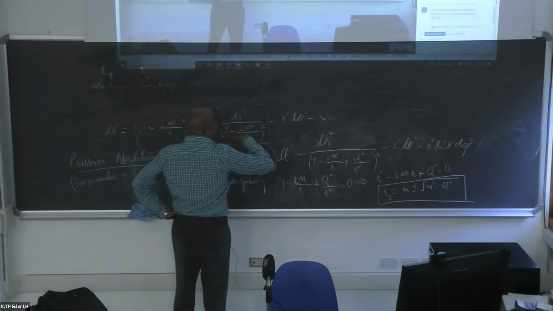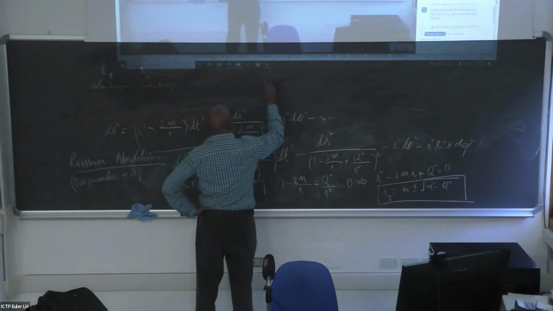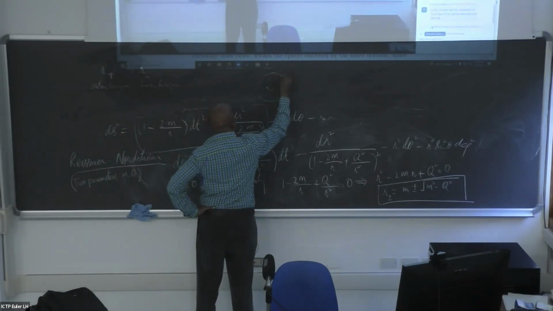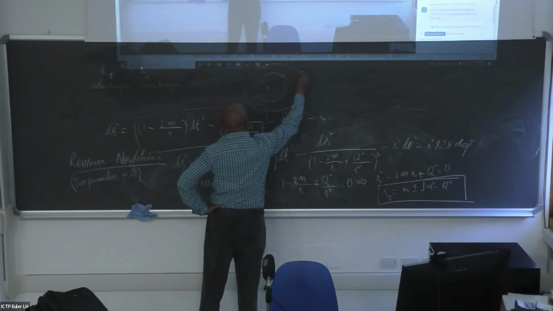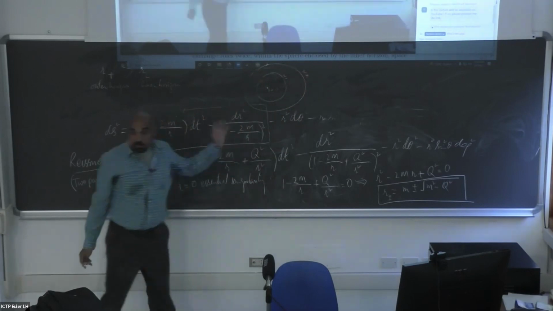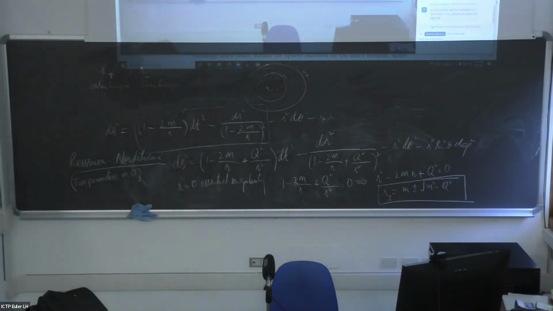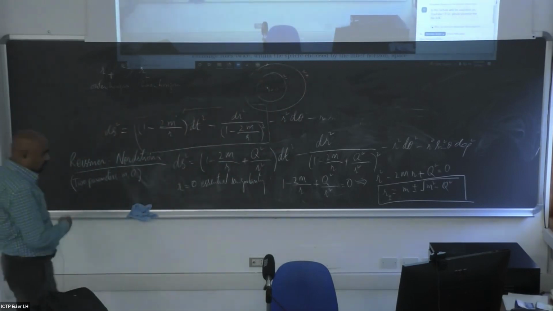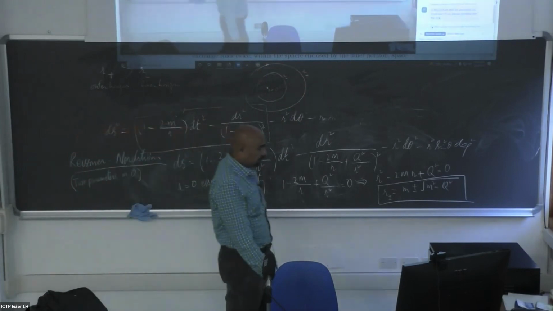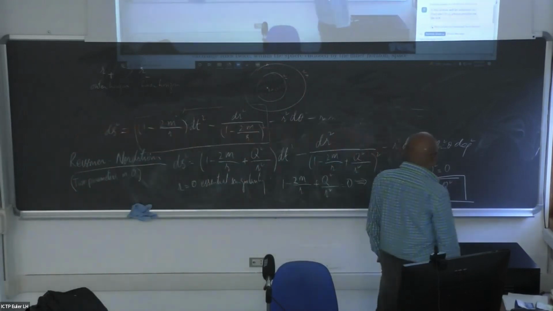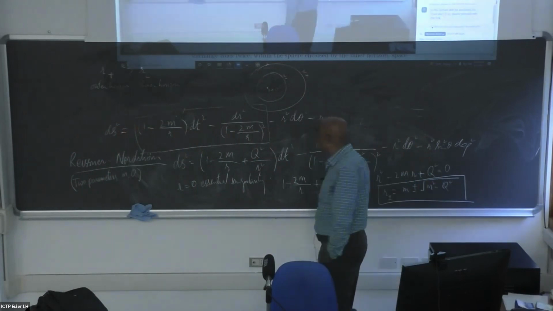If we draw circles as we did earlier, if this represents r equal to 0, then the first circle will represent r minus, and the second circle will represent r plus. Actually these are surfaces. In 2 dimensions it's a circle, but in the 4-dimensional Lorentzian manifold they are surfaces.